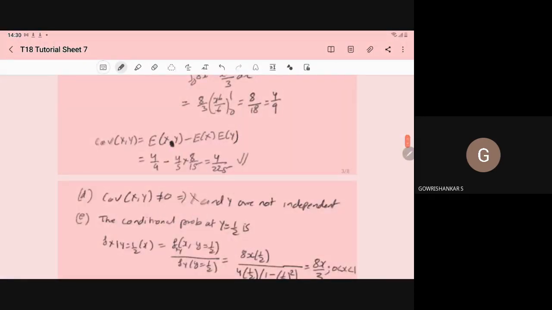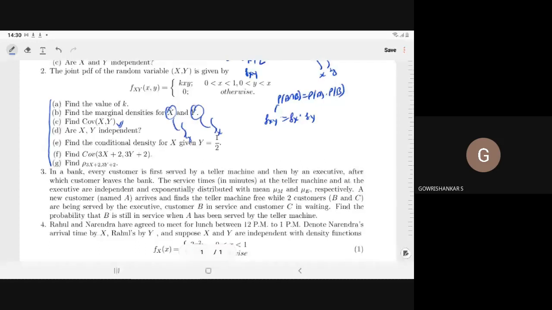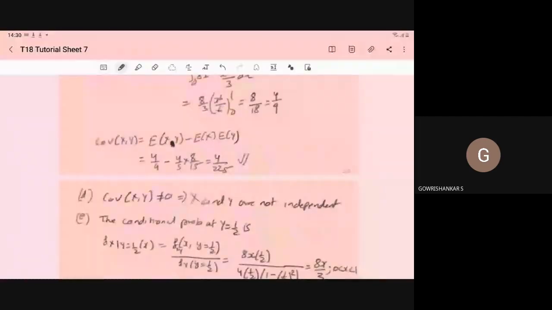So earlier, for independence, we used the formula f of XY must equal f of X into f of Y, right? So here we have another approach. In the next part: are X and Y independent? Now that we have computed the covariance, we use the idea of covariance. If covariance of X comma Y is equal to 0, then we say X and Y are independent.